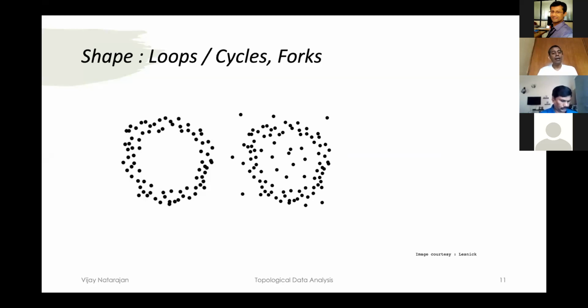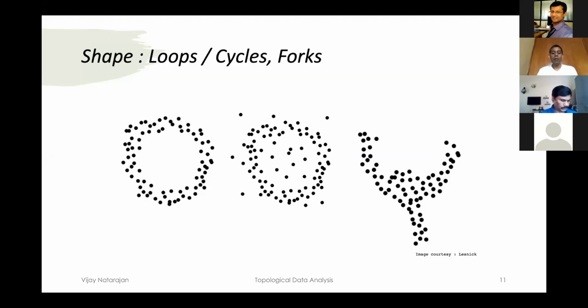There are yet other types of shapes. For example, forking behavior. So here what you see is a fork in the data. This is a single component, but it is a little bit more interesting than a single component in the sense that there is a set of points here that seem to distinguish between the 3 arms of our data.